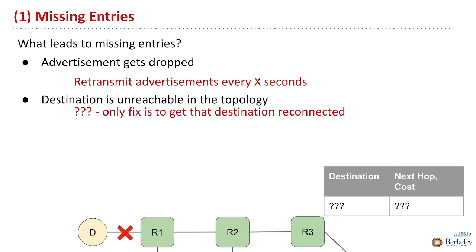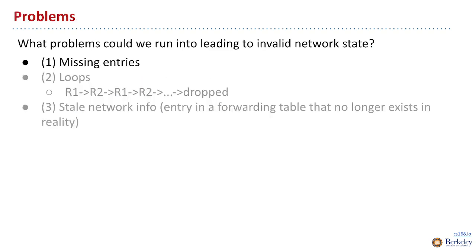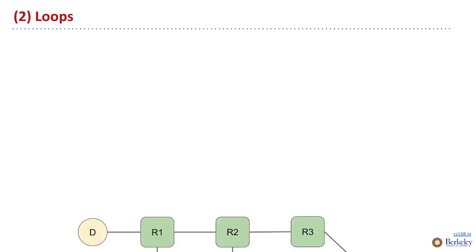However, if the destination is unreachable, there's not really any fix for that. Your only option is to get the network connected again, and so that's not really something we can fix with routing. So cool. This first problem, we have a solution for. We're going to retransmit advertisements. But what do we do about looping? This will be important.